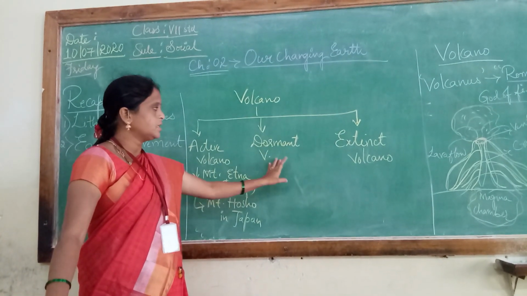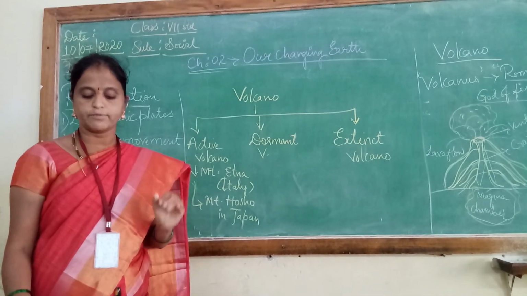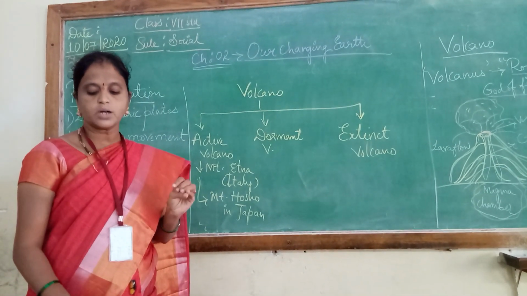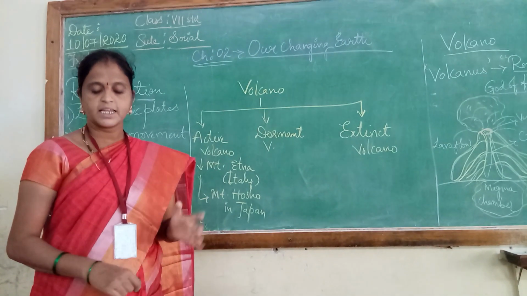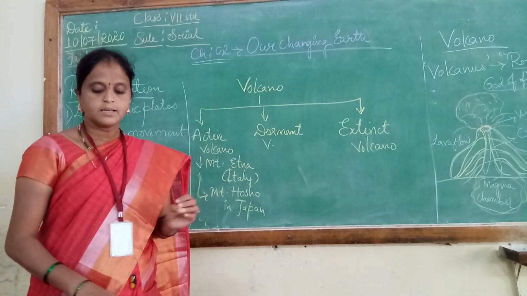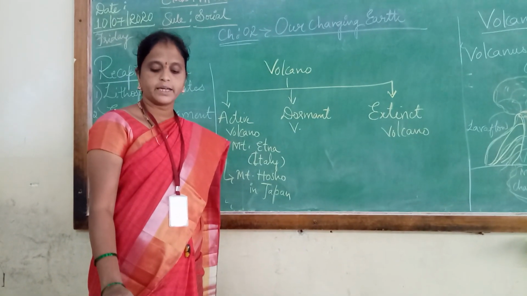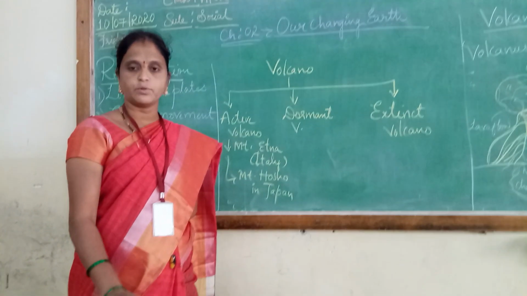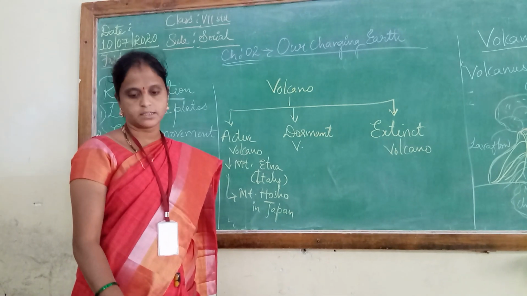Next we will study about the dormant volcano. Dormant volcanoes are those that have not erupted for a very long time or have not been active. These are also known as sleeping volcanoes. I repeat once again, dormant volcanoes are those that have not erupted for a very long time or have not been active.